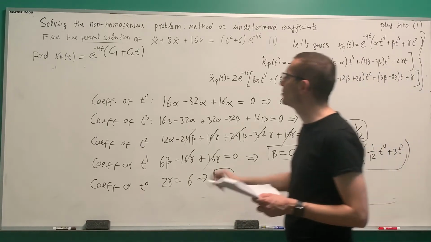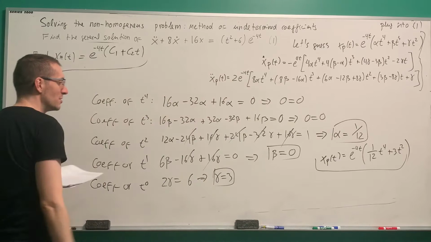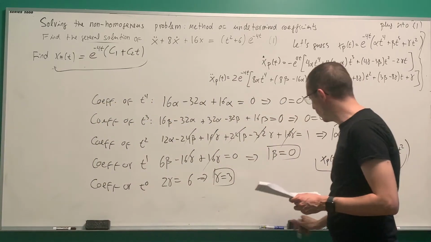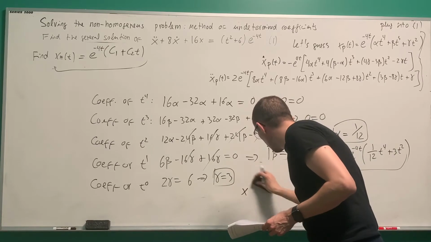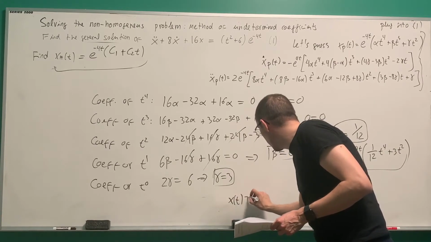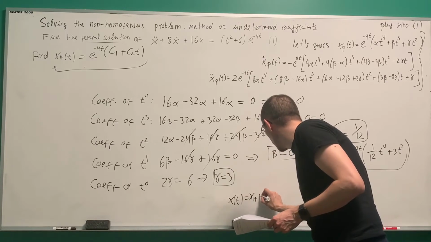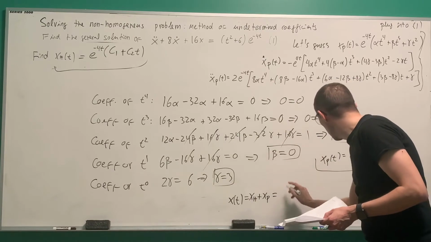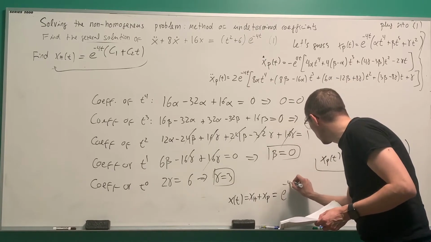This is half the solution. This is the other half of the solution. The final solution that I will write here is the sum of the two. So remember, x of t is equal to the sum of the homogeneous solution plus the particular solution to the inhomogeneous problem. So in this case, the solution is e to the minus 4t.